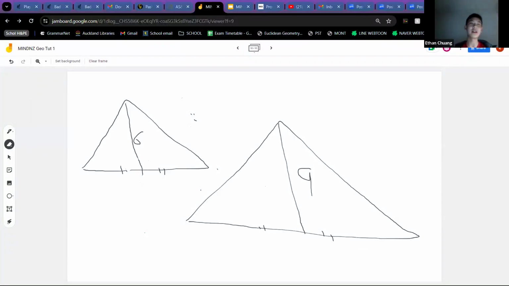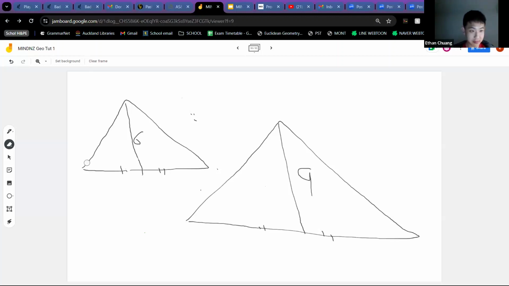Does anyone have any other ideas to start off the solution? The question tells us that the two triangles are similar. What information can we gather from the two triangles being similar? That's very important. I'm not going to give you that for no reason. Angles are all equal?